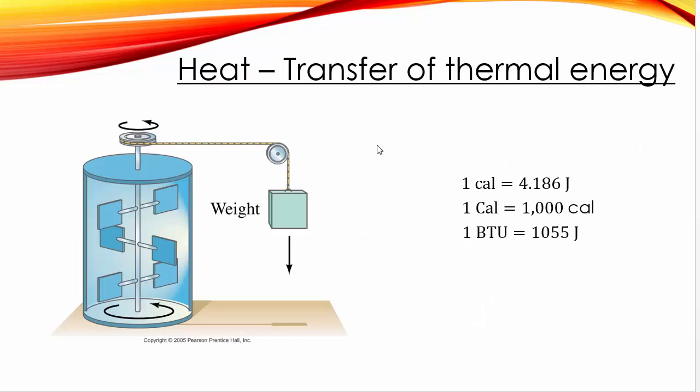So for a long time, scientists studied heat, and they knew that there was something flowing from one object to another, and they knew that it was always from hot objects to colder objects. So whenever you have a temperature difference between two objects, then you're going to get a heat flow.